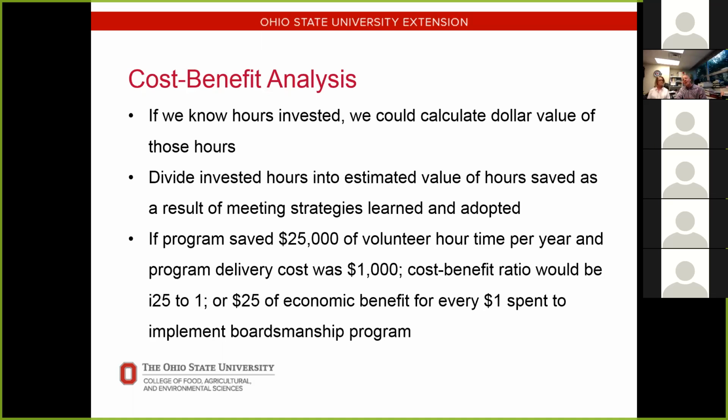We had so much benefit, 25,000 we're estimating. And of course, we're highly effective extension professionals, so our program costs were a meager $1,000. So is this an ideal world or what? You can see there, and I apologize, I'm not sure why there's a small I in front of the 25, 25 to 1, but the idea is that for every $1 spent to implement this boardsmanship program, for example, we're generating $25 of economic benefit.